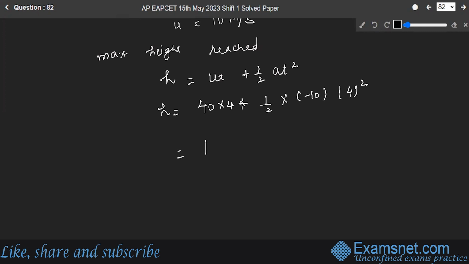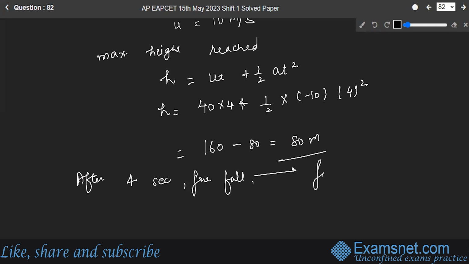This gives me 160 minus 80, and here you have 80 meters. So this is the height. After 4 seconds, it will fall down. There will be a free fall.